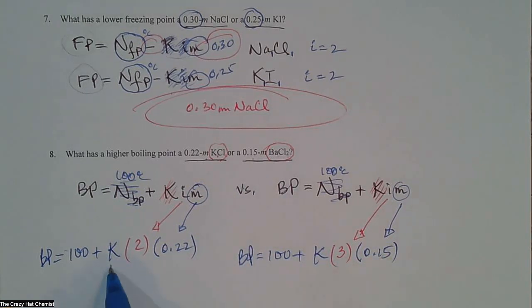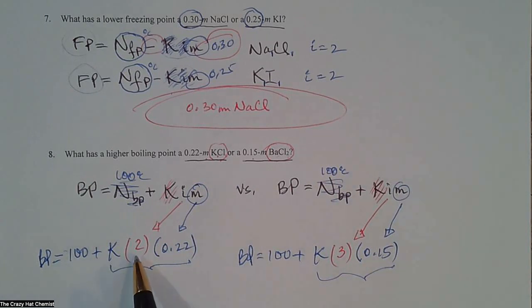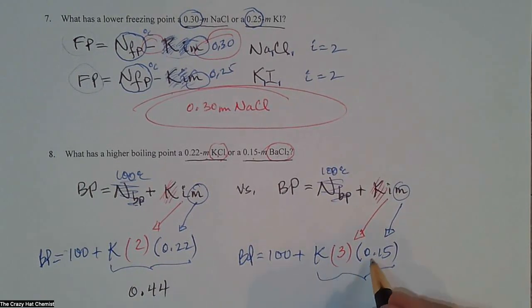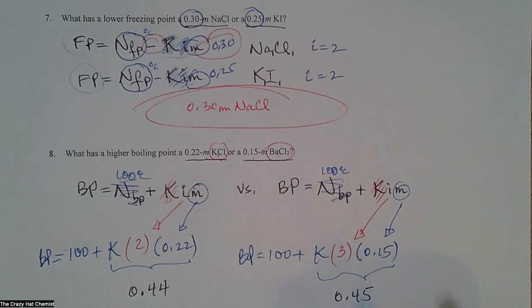So the one that has the largest Kim has the highest boiling point. So what I need to do is take the product of 2 and 0.22. That's equal to 0.44. And then I'm going to take the product of 3 and 0.15, and that is 0.45.